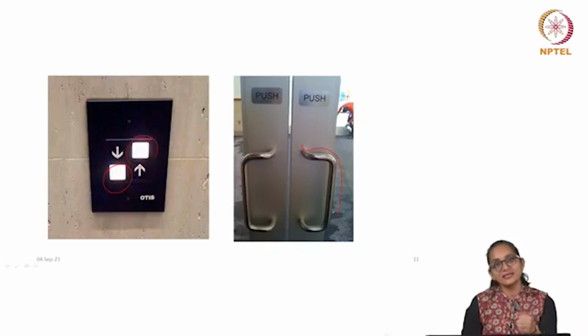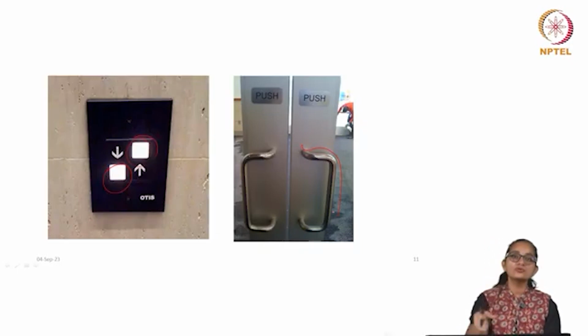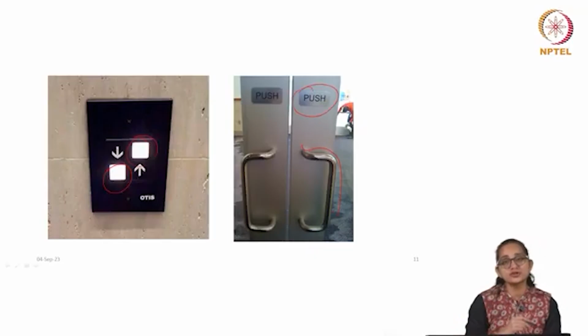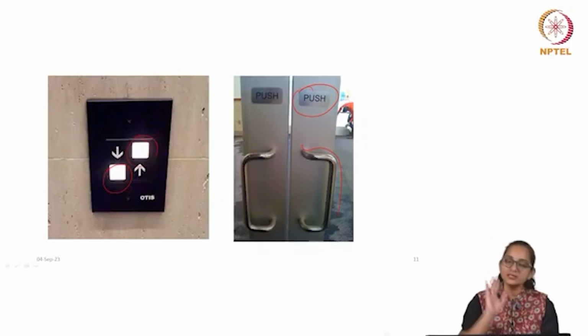The moment you see a door handle which is jutting out, you try to pull it. However, in this case you can see that it is a push door. If it is a push door, then actually there is no need for a handle, because you can just push with your hands.